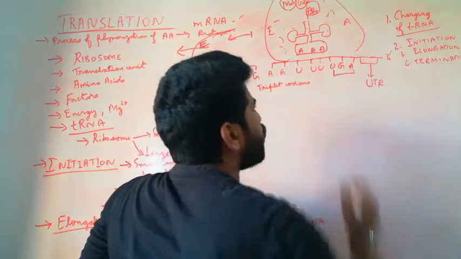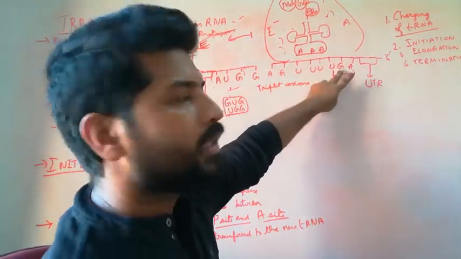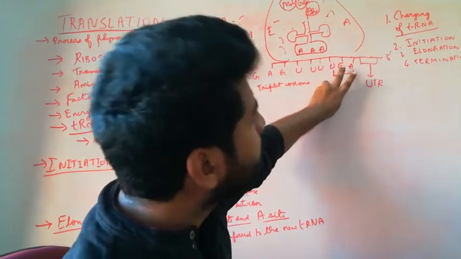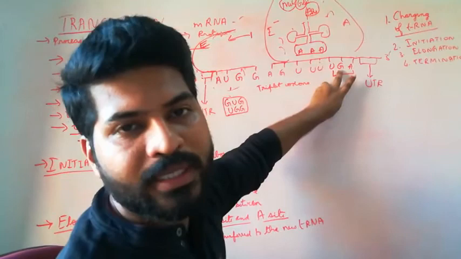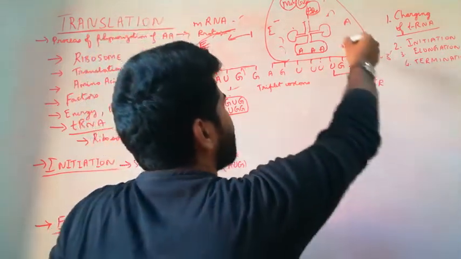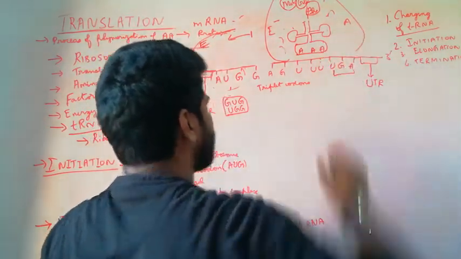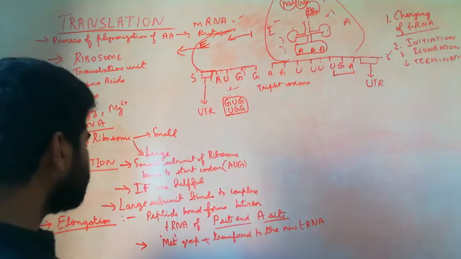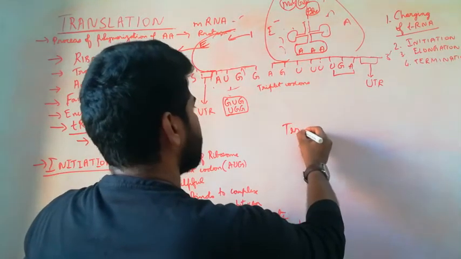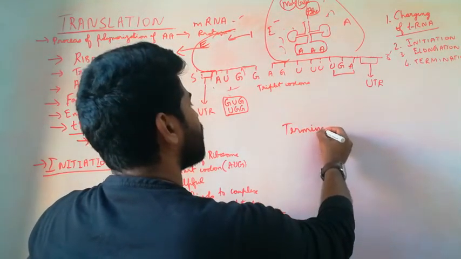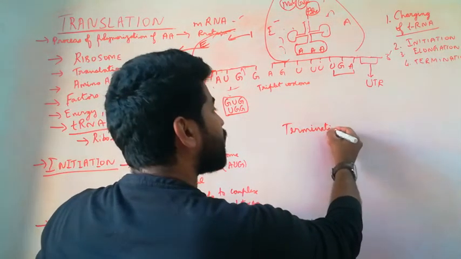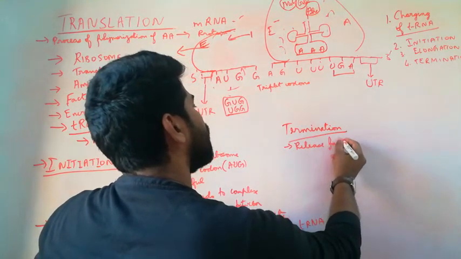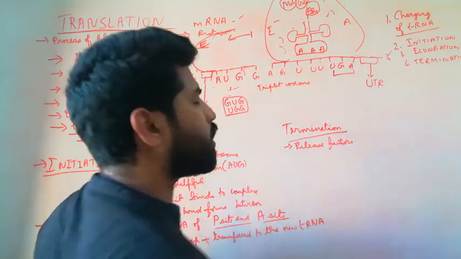So when the stop codon comes, UGA, there is no tRNA that will code for the UGA, for the stop codon, because it does not code for anything. So when the stop codon comes over here and the ribosome comes over here, with the help of certain termination factors or release factors, some release factors will help in this process.